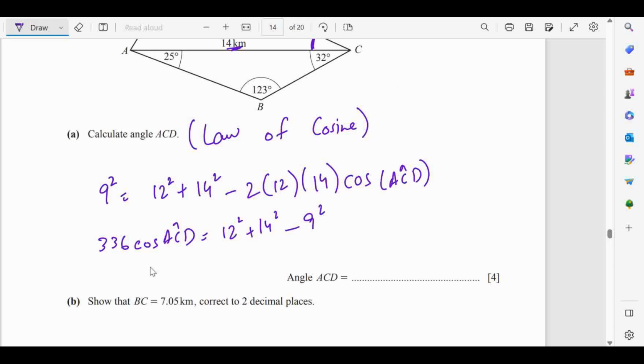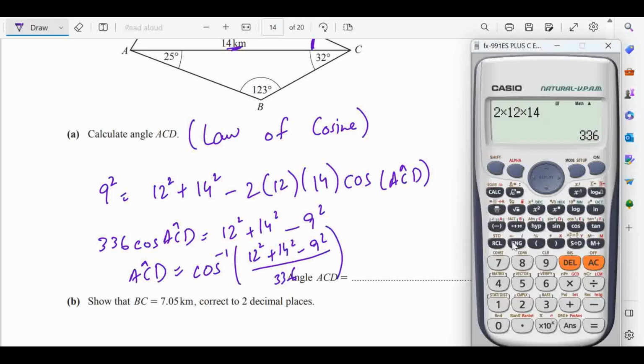If we rearrange it further, angle ACD will be equal to cos inverse of 12 square plus 14 square minus 9 square whole divided by 336. If we solve it using the calculator, this will be 12 square plus 14 square minus 9 square whole divided by 336.